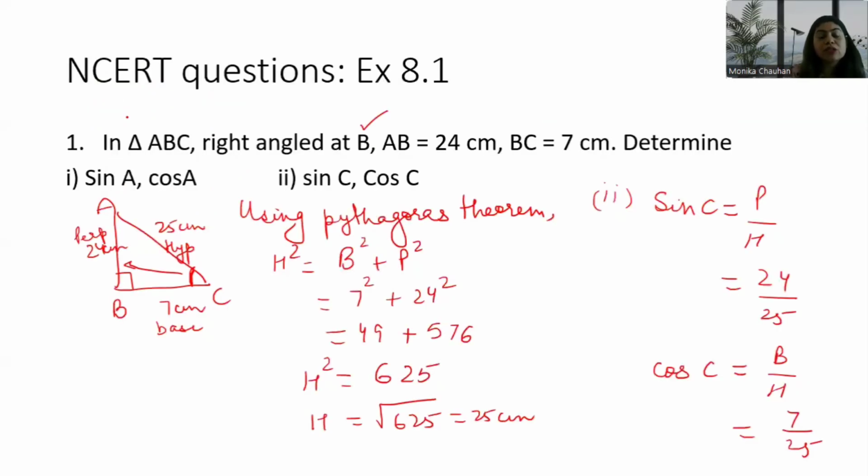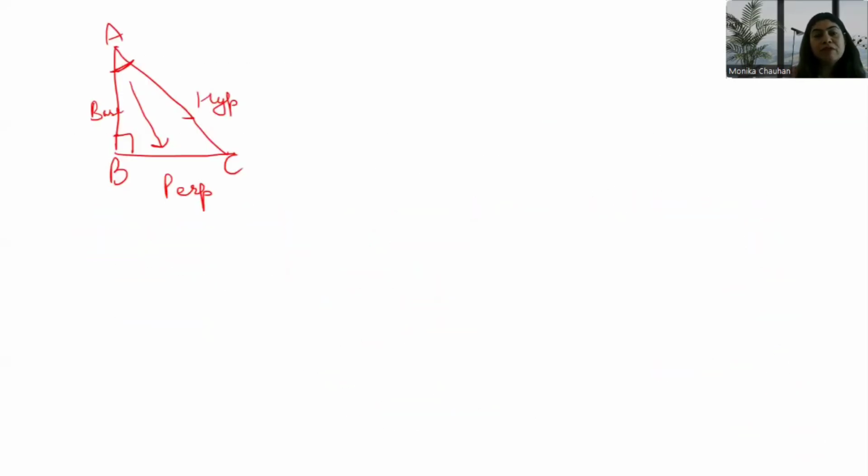Now I have to calculate for A. As I told you, you have to look: this becomes your perpendicular, and this becomes your base, and hypotenuse never changes. So remember all this. These are very important things. Now you have to write down everything. So here AB is 24 centimeter, this one is 25 centimeter, and this one is 7 centimeter.